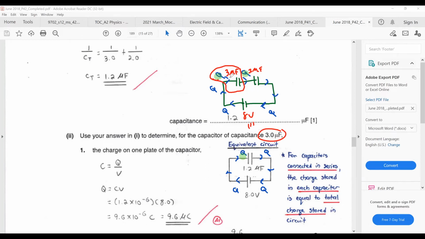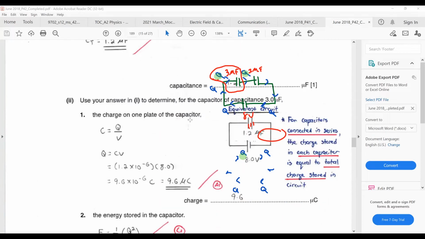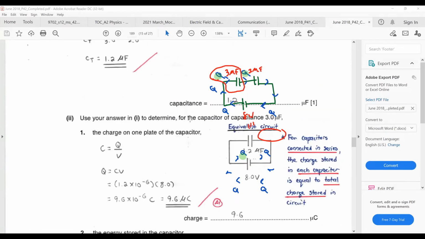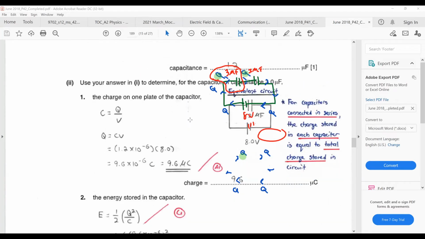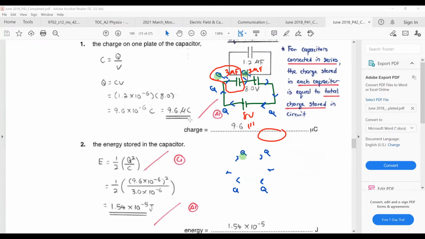Okay, so you get that answer. Then subsequently, they ask you to find out the energy stored in your capacitor. If you know the charge and you know the capacitance, you can just straight away use this. The energy stored by a capacitor is either half QV, half CV squared, or half Q squared over C. It's always these three.